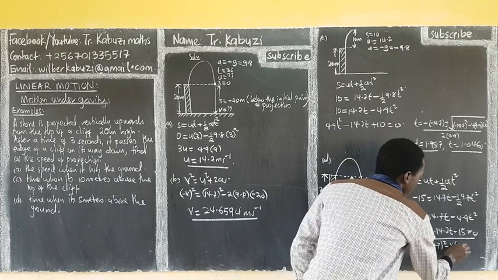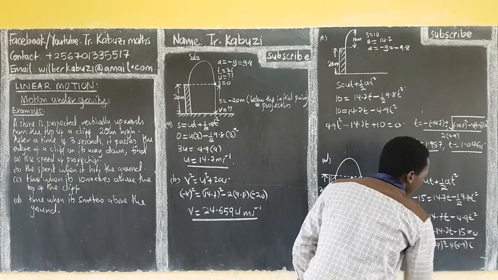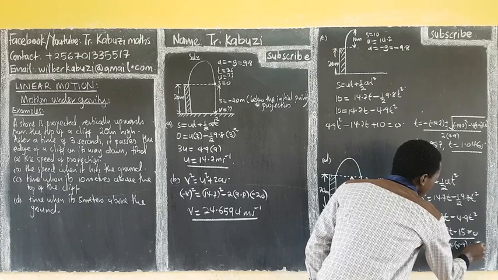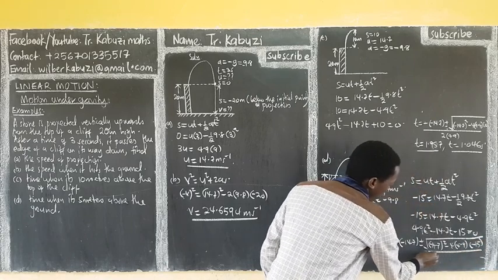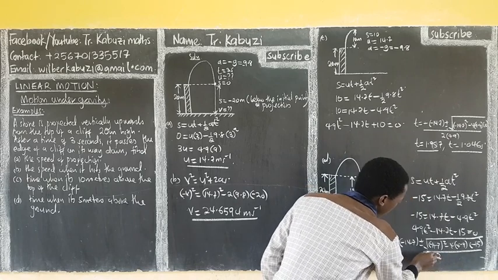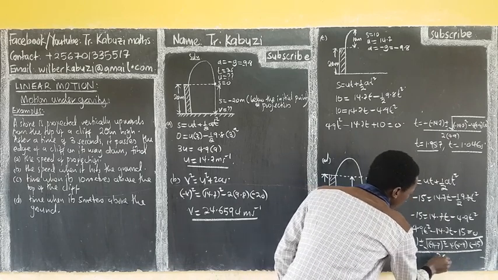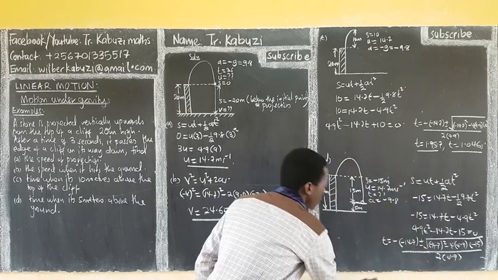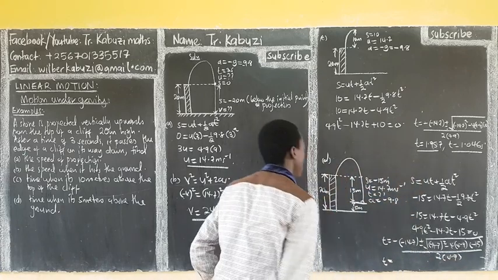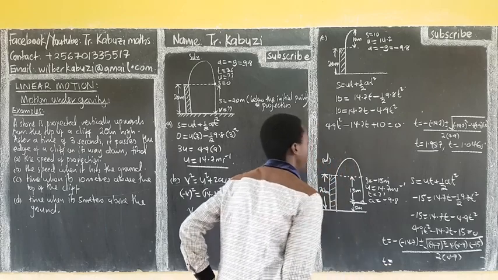Our a is 4.9, then c is negative 15. That's how our quadratic formula is going to be. Then the whole thing is divided by 2 times 4.9, our a.